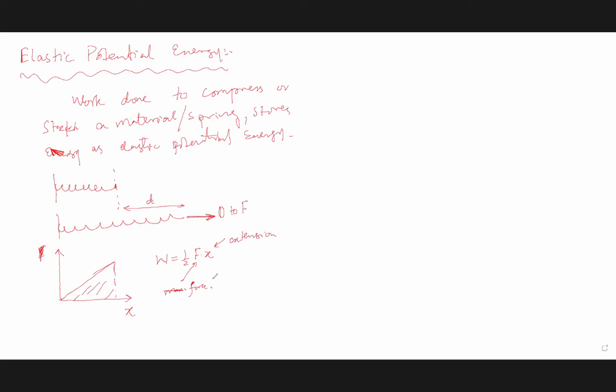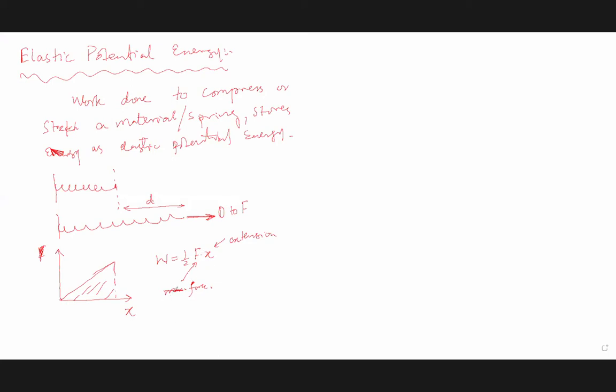Force varies with the extension. Initially, the extension is zero, the force is almost zero. As extension increases, the force required to produce that extension also increases. So force बढ़ती रहती है with the extension, and that's why you have a straight line graph, and the formula for work done is half Fx.